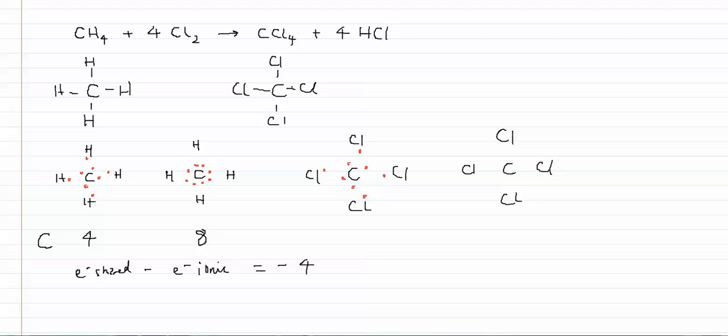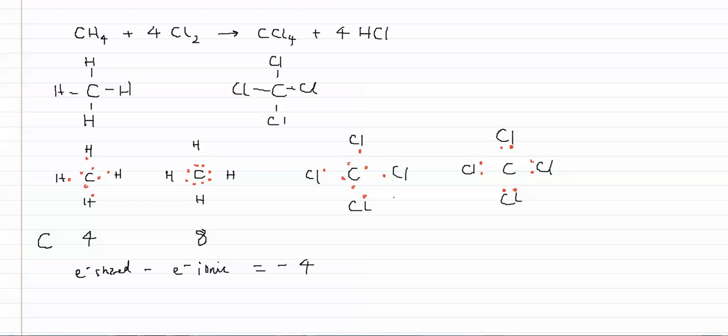Under the ionic model now, remember, we're distributing to the most electronegative element, and chlorine is a lot more electronegative than carbon. So now the valence electrons are all being associated with the chlorines and not with the carbon, like so.